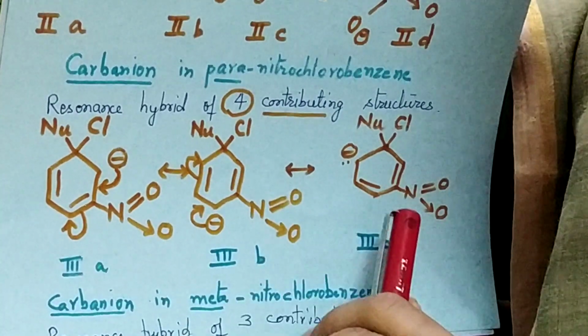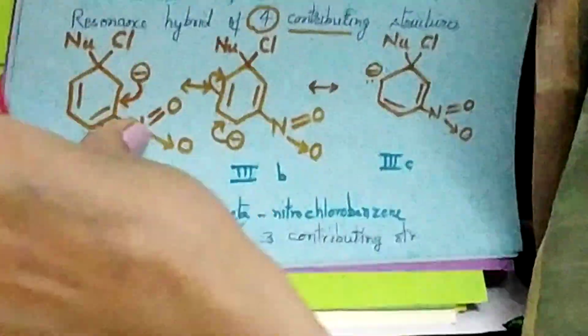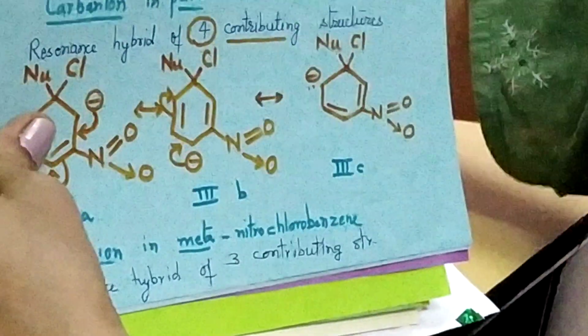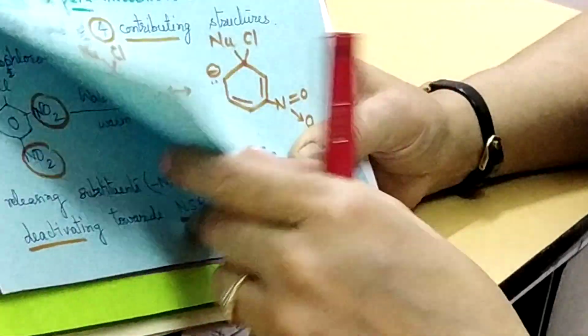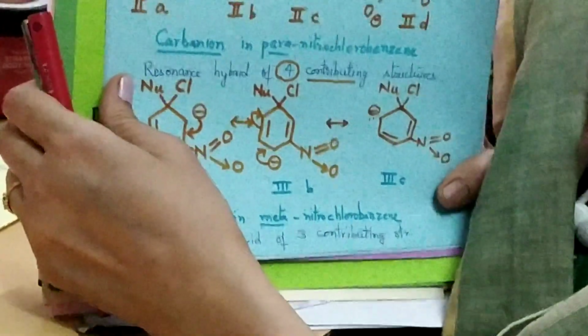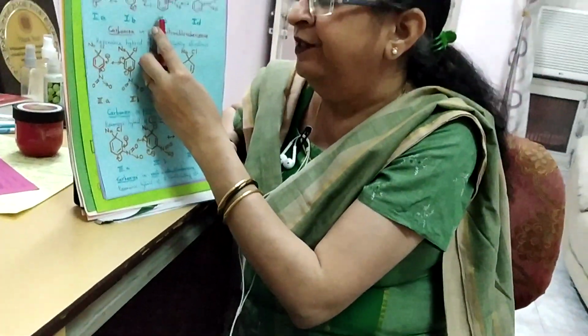So, which means that the carbanion in meta-nitrochlorobenzene is a resonance hybrid of 3 contributing structures only. Are all these structures clear to you? If they are clear, that means you now understand that in the case of ortho-substituted chlorobenzene and para-substituted chlorobenzene, extra stable carbanions are being formed.